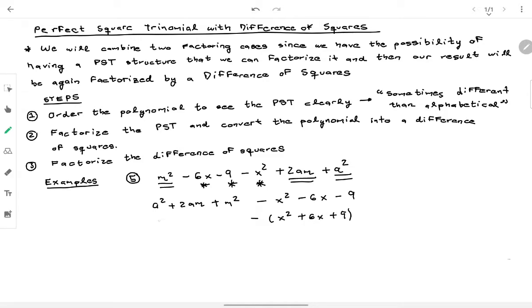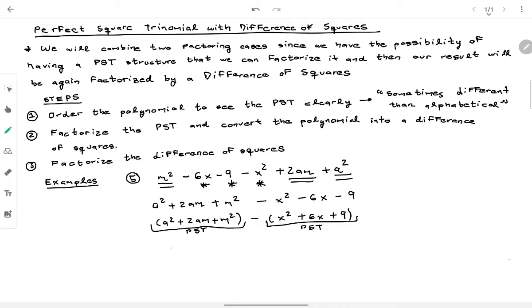In the other one, it's going to be a squared plus 2am plus m squared. You don't need to put it in parentheses. I put it in parentheses to check that here we have a perfect square trinomial. Here we also have a perfect square trinomial.